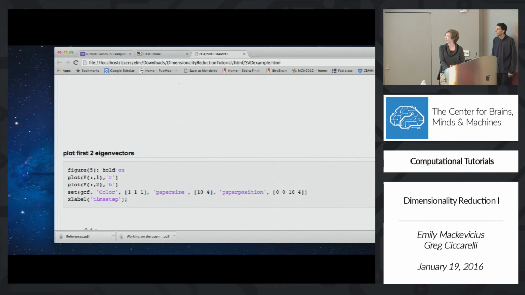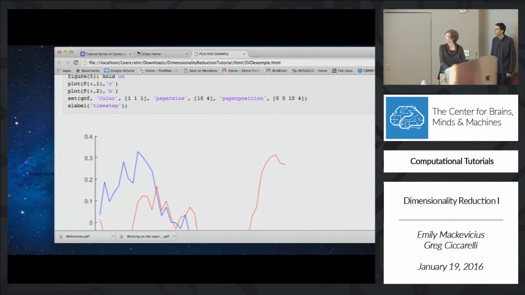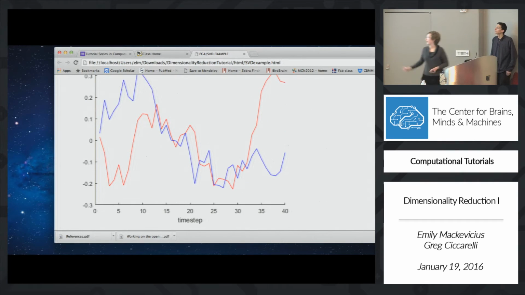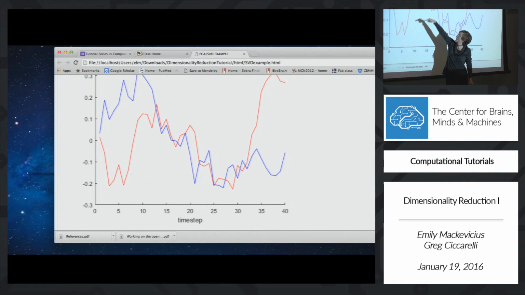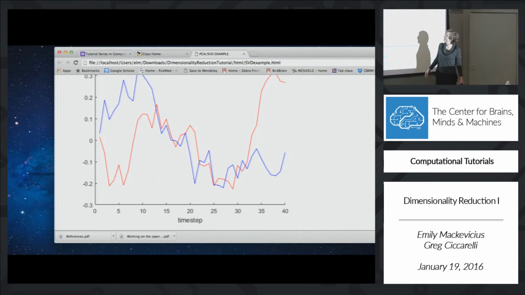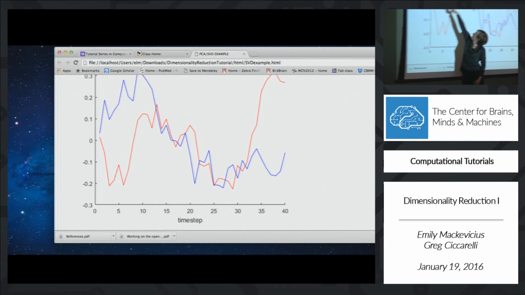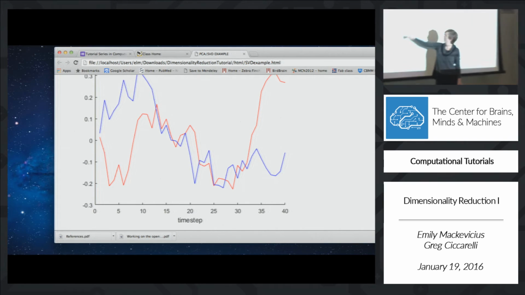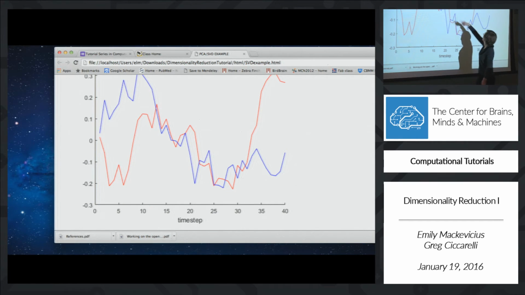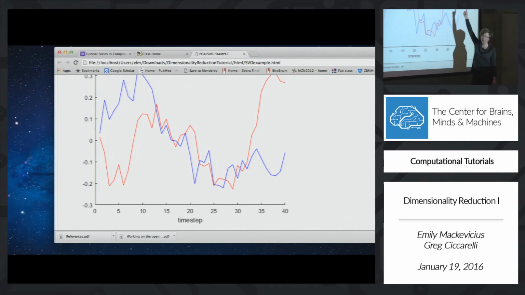Let's first look at these eigenvectors themselves, because these eigenvectors are vectors in the time step space. Here I can plot time steps, and then plot the coefficients of these first two eigenvectors, these first two principal components. I can see that one of them is high in the early times and then lower for the rest of the trial. And the other one starts low and then gets high, low and high again.